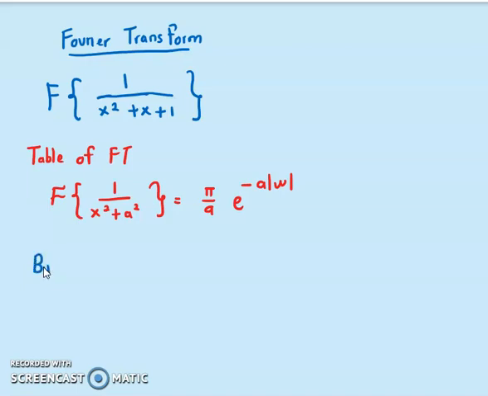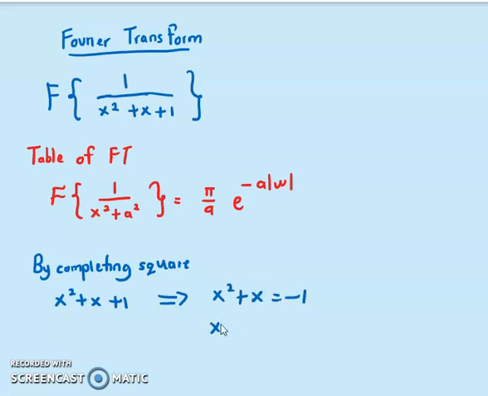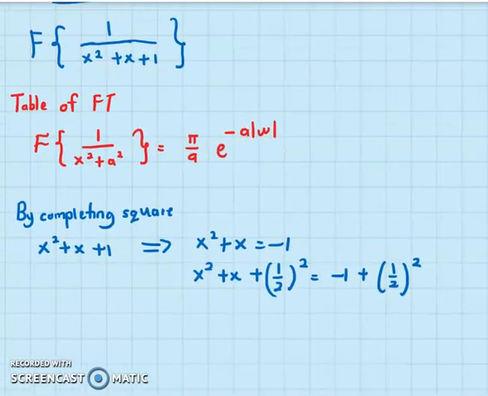Okay, we know that by completing the square, x squared plus x plus 1, what do we get? We have x squared plus x plus 1 over 2 squared, minus 1 over 2 squared, plus 1.